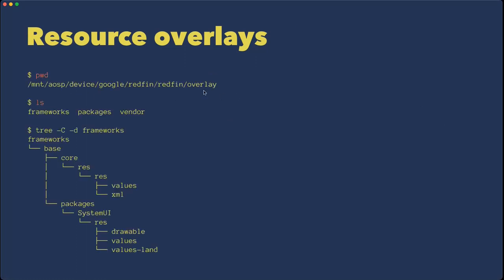If we go into that one, we get three folders there: frameworks, packages, and vendor. Frameworks is the interesting one, which is basically the system APIs and system resources, the base Android R resources. You can override the ones that are in there. And you can override package resources for other system applications.